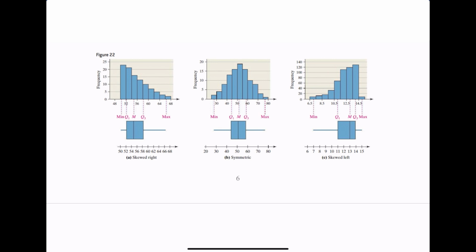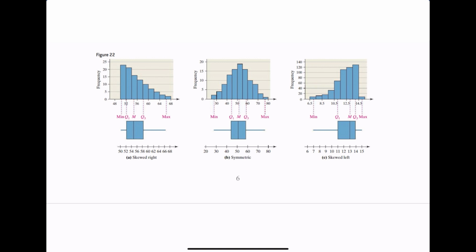Now you could kind of guesstimate, but it's really hard to tell. Whereas the box plot tells you exactly where the median is. Now it doesn't address the mean, but it shows you right where the median is. And also notice in the box plot, you can tell that this data is skewed to the right because the whisker on the right goes off much further from the center of the data than the whisker on the left does.